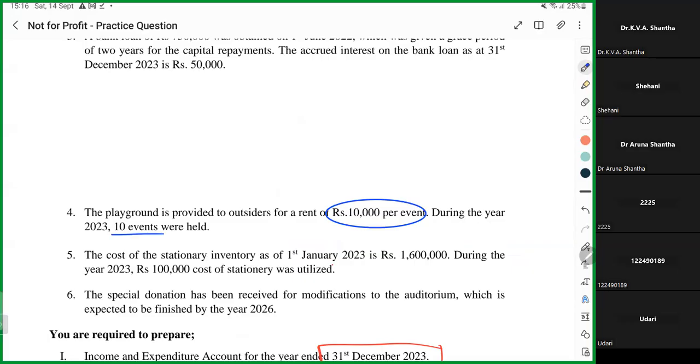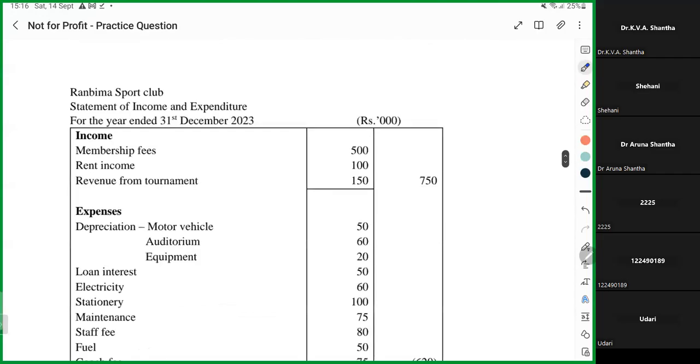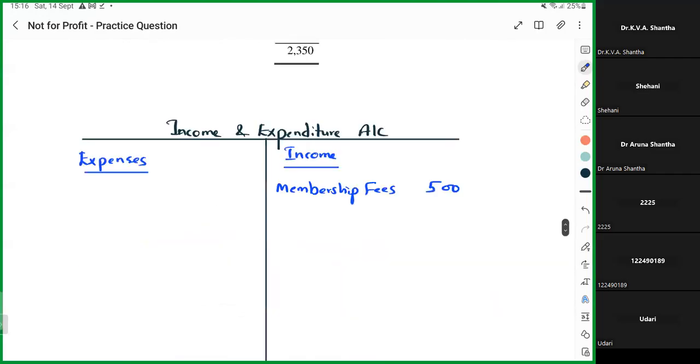During the year, 10 events were held. Then how much total income? 10,000 into 10, 100,000. So rent income should be 100. So we have another income, rent income, 100.